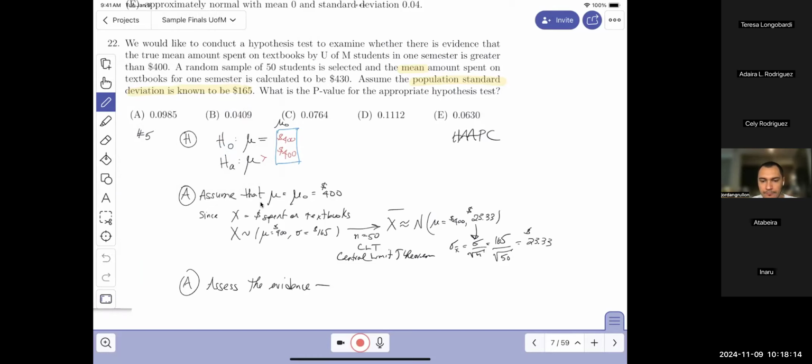The evidence from the sample that they took of size 50, the mean was 430. Okay, tell me about 430. Is 430 like 400 or is it more than 400?